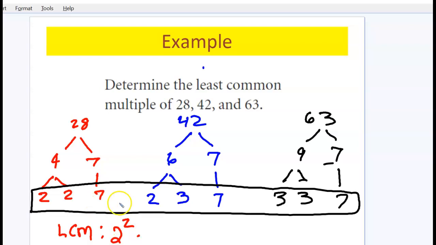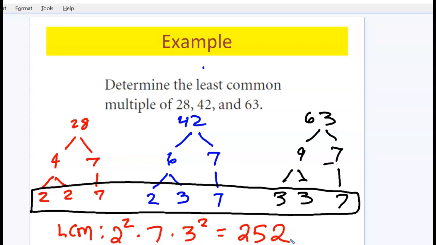I have a 7, and that shows up once in all of them, so I'm going to include a 7. And the last one is going to be my prime factor of 3. And 3 shows up once in the prime factorization of 42, but twice in 63. So it's going to be 3 squared. And if I multiply those all together, 2 squared times 3 squared times 7, my lowest common multiple is 252.